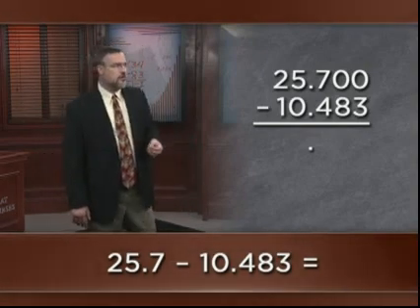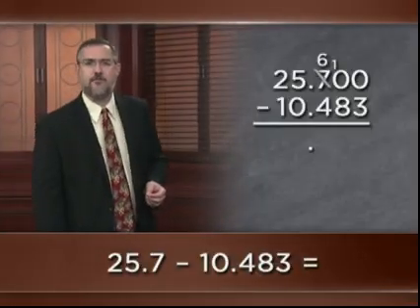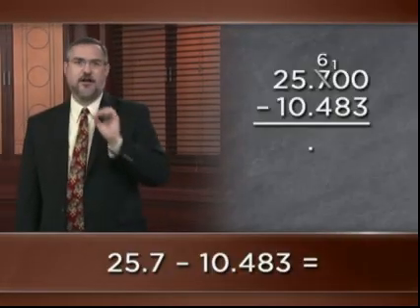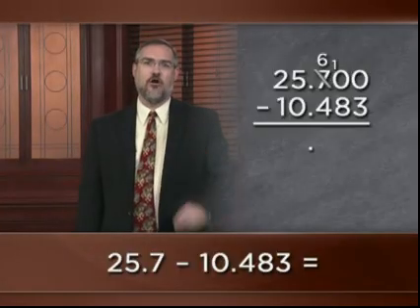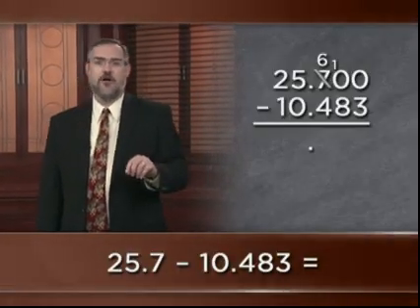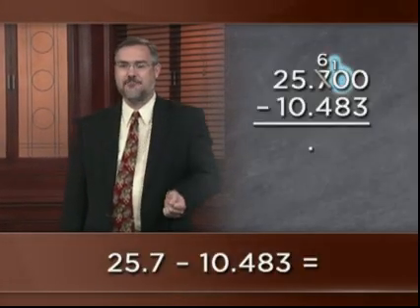We start by borrowing from the 7. And I'm going to take 1 away from that and turn it into a 6. So rewrite that as a 6 just so we don't forget that it's now had 1 borrowed from the 7. Now that makes the 0 above the 8 into a 10 because we're going to put that 10 into that position.